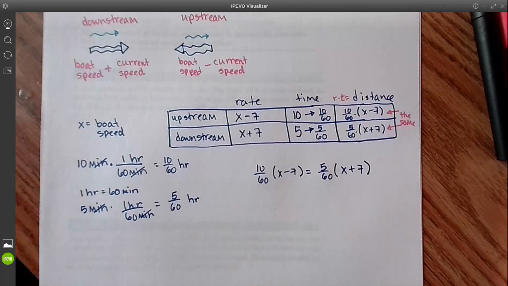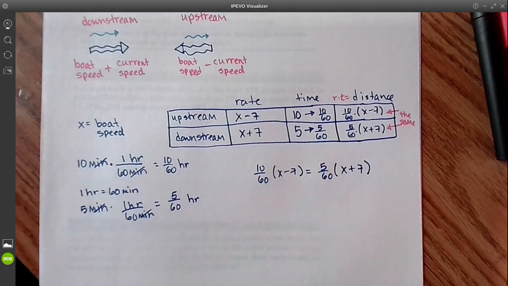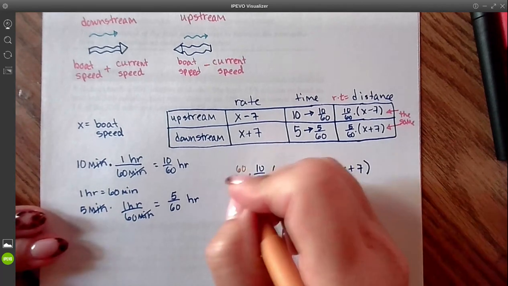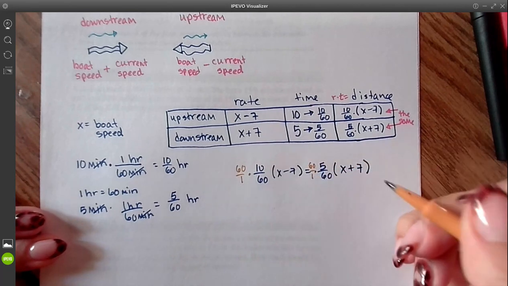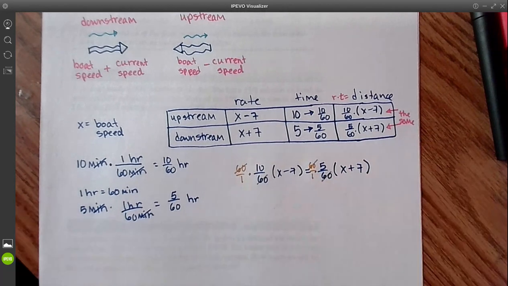I don't know if we've talked about clearing fractions yet, but we can clear these fractions by multiplying both sides by that denominator before we distribute. So I'm actually just going to multiply both sides of this equation by 60 over 1. And what that's going to do for me is cancel out those over 60s.